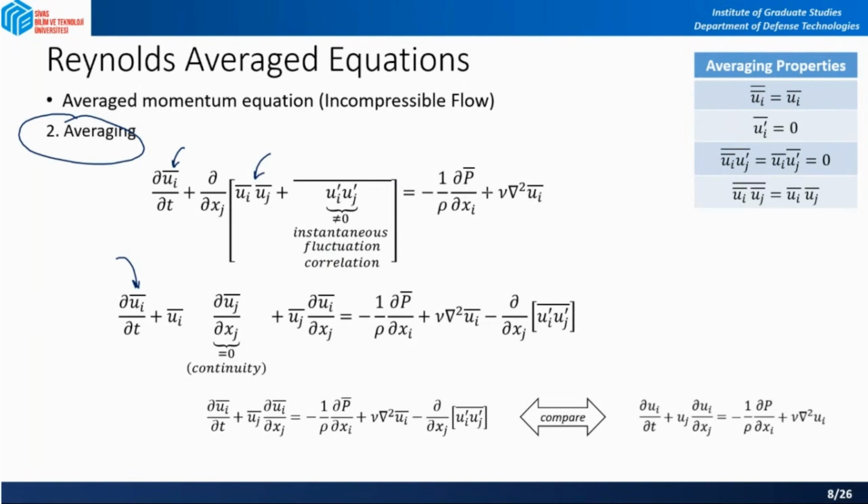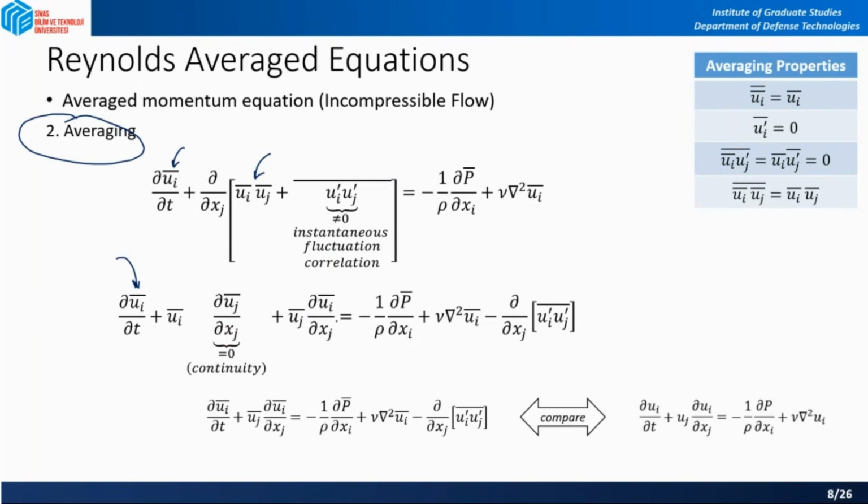And what we generally do is we go one more step and we write the equation equal to dui dt plus. So this won't be zero. So we will use this ui prime times duj dxj plus uj uj bar dui dxj.